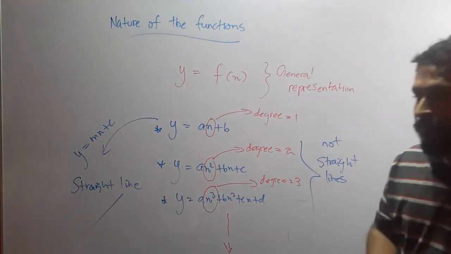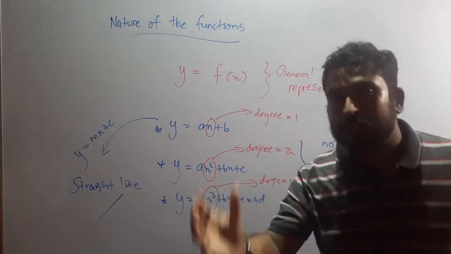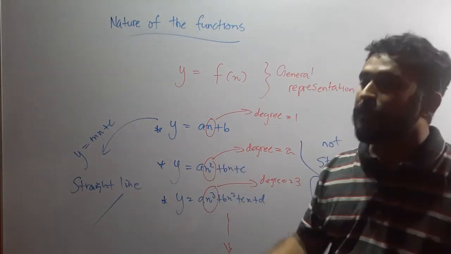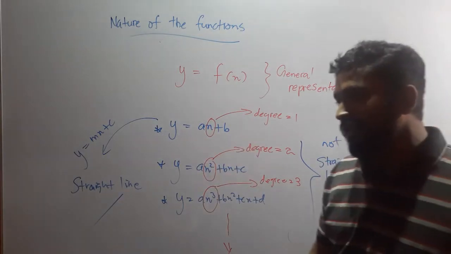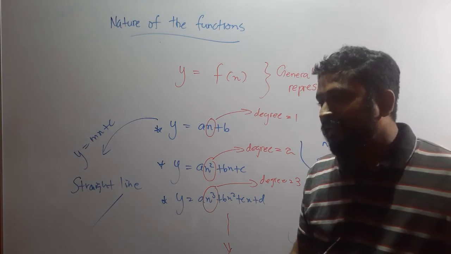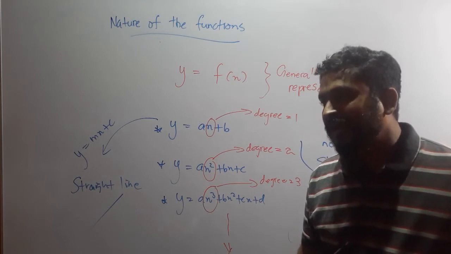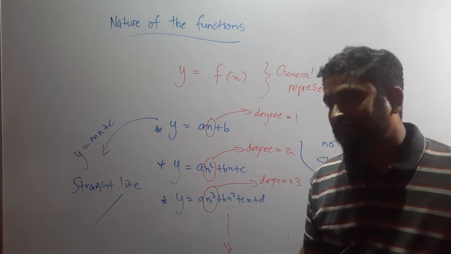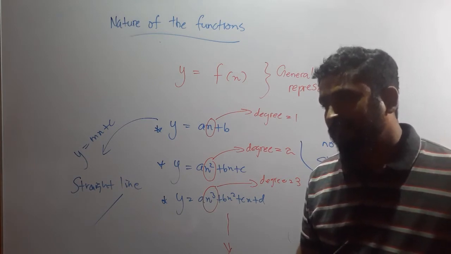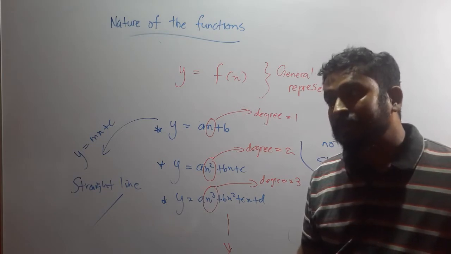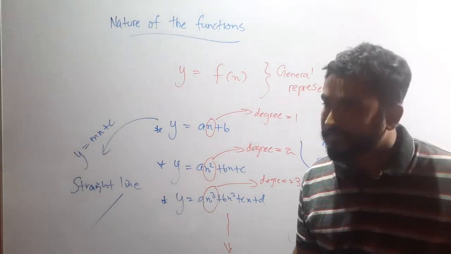Right, then if the locus is not a straight line, what can it be in one word? In one word. Yes, keep answering. To be particular, it is a curve.